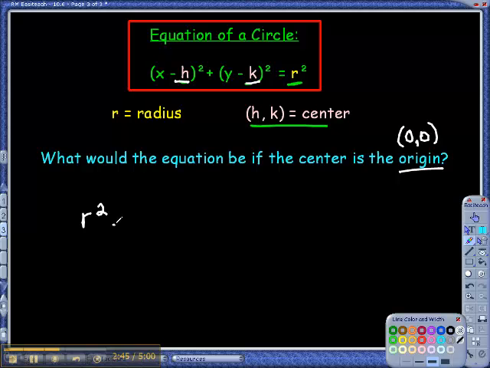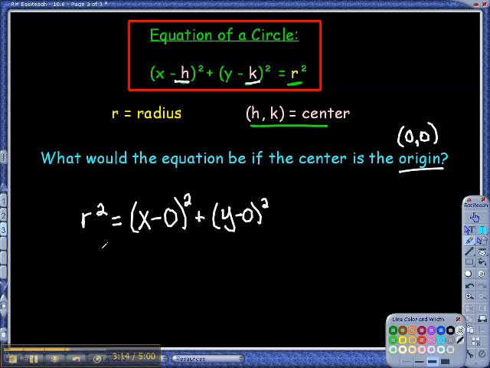So r squared would equal x minus the x value of the center, so x minus 0, quantity squared, plus y minus that 0, quantity squared. Notice it's always minus that quantity. So if this had been a negative number, be careful, because minus a negative would give us a positive value here. Just something to be aware of.